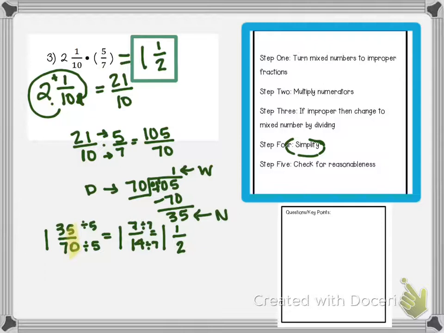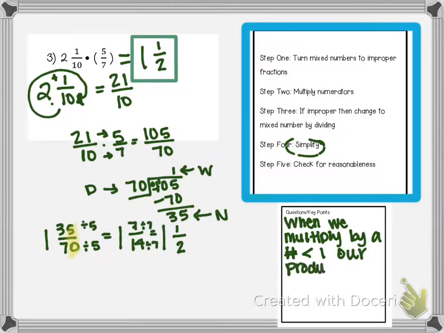Then step 5, check for reasonableness. Anytime we multiply by a number that is less than 1, our product is smaller, so it gets smaller.